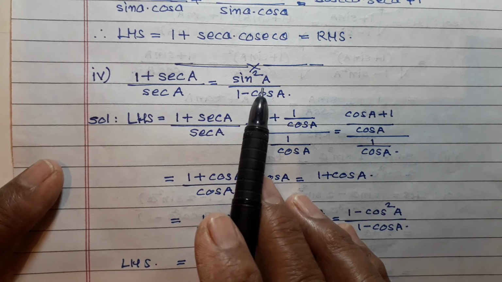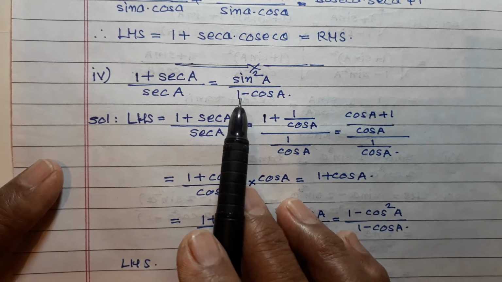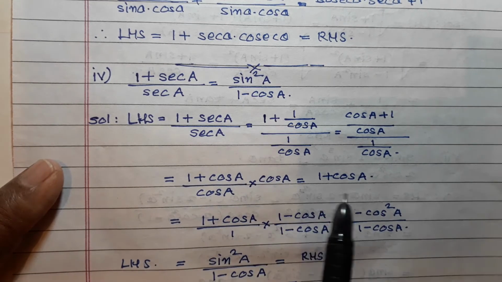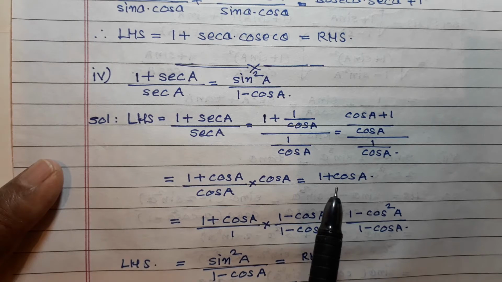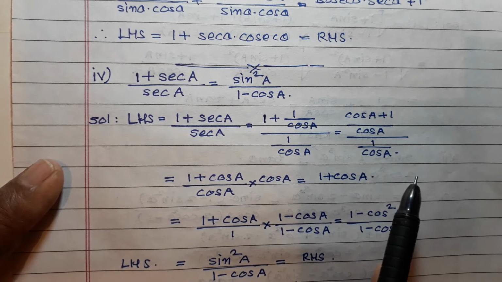and you want this expression. Here denominator is 1 minus cos a and inner denominator is not there, and therefore I multiply and divide by this denominator 1 minus cos a.